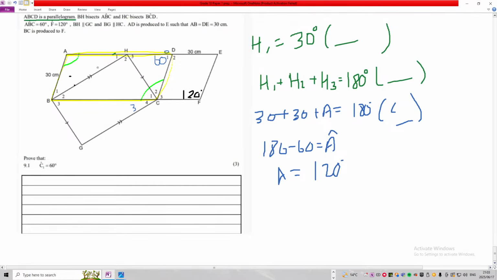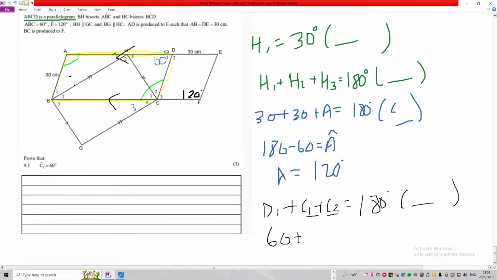I was gonna use opposite angles of a parallelogram, but we can use co-interior since that is parallel to that, and we can say that D1 plus C1 and C2 is equal to 180 because co-interior angles are supplementary. So D1 is 60 plus, since C1 and C2 are the same because the angle has been bisected, C1 is equal to C2. I can say 2C1 equals 180. I hope that doesn't confuse you.